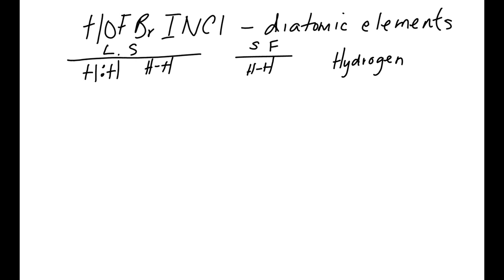Next one is O2. Oxygen has 6 valence electrons, but it bonds to get 8. So when you draw your Lewis structure, there will be 4 electrons between the oxygens. So you will have 2 bonds.